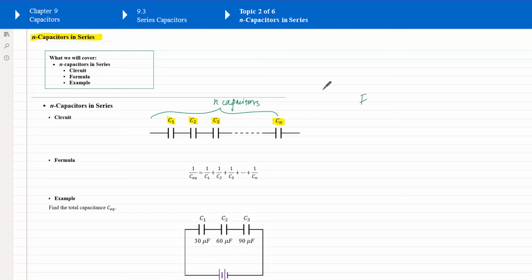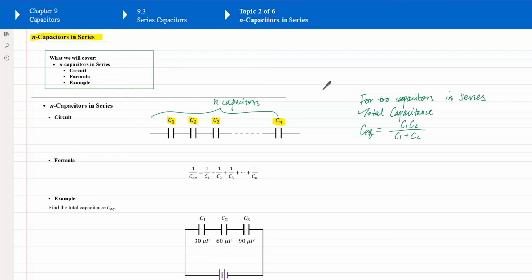From the previous lesson, we should know that for two capacitors that connect in series, the formula is Ceq equals C1 times C2 divided by the sum of C1 and C2.